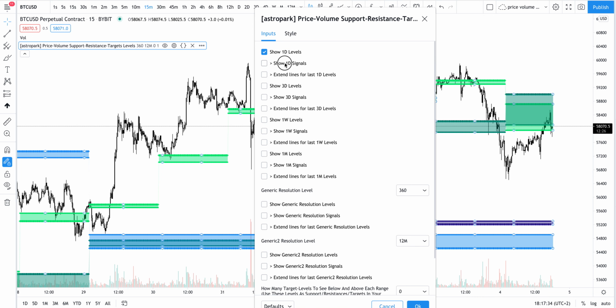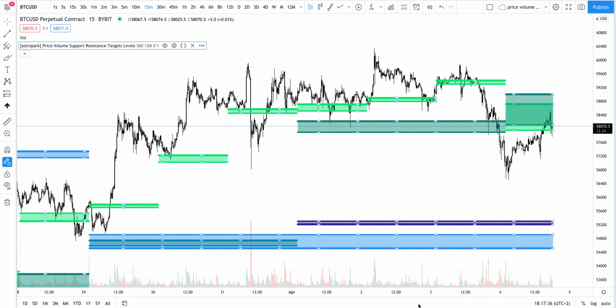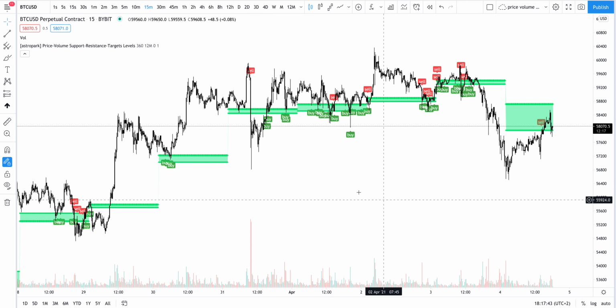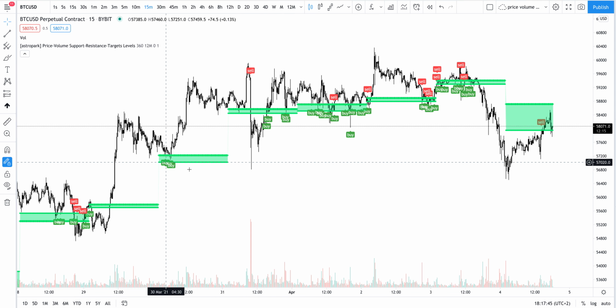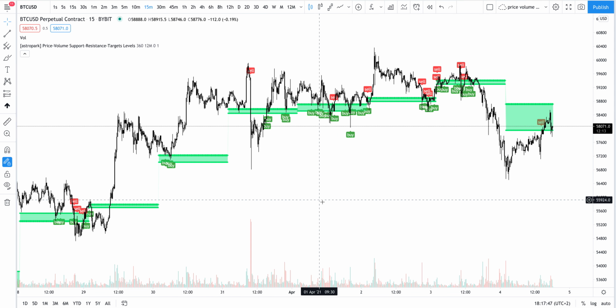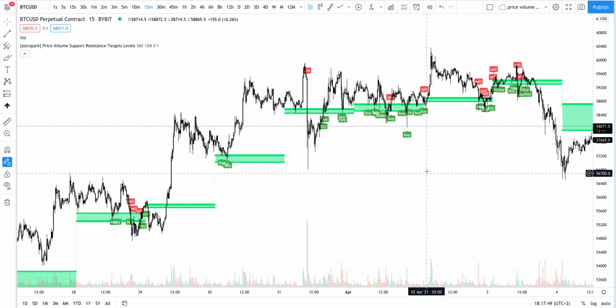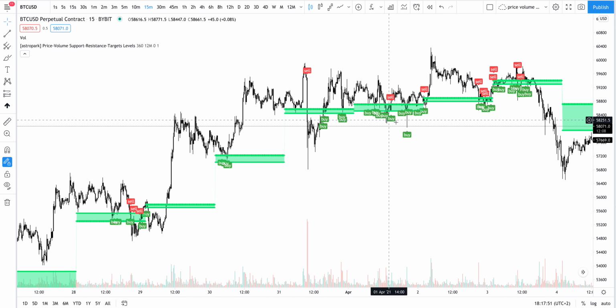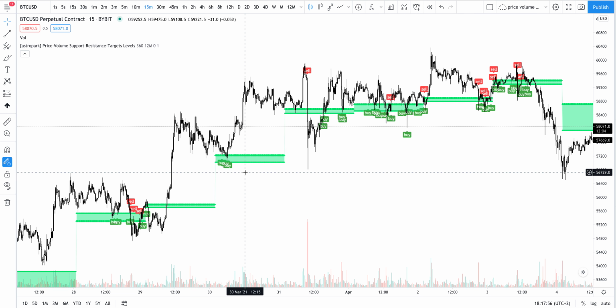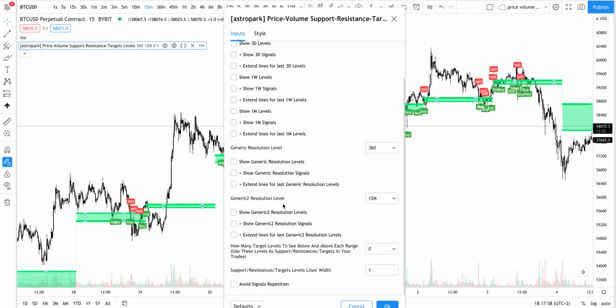Let's just do an example. Let's enable 1D signals. Just wait some seconds and it will refresh. Okay, so we see only the 1 day levels, and as you can see, sometimes there are too many buy or sell signals, sometimes just a few. For this reason, I added this option to avoid signal repetition.